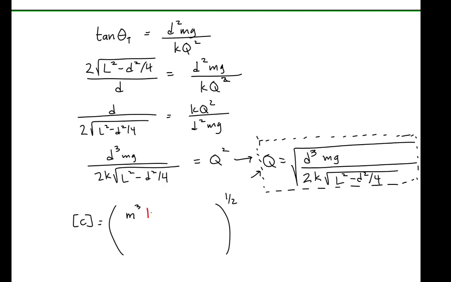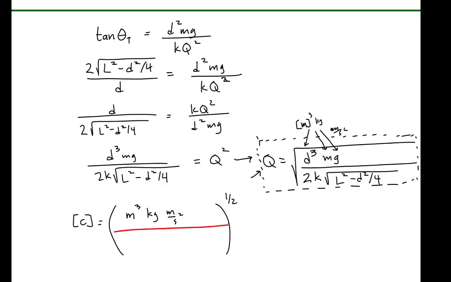Mass has units of a kilogram. g has units of meters per second squared, so I'll put that here, divided by 2.